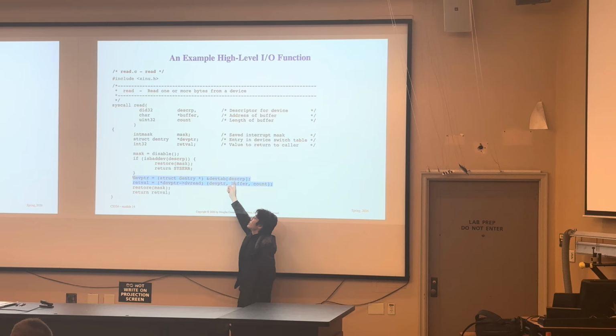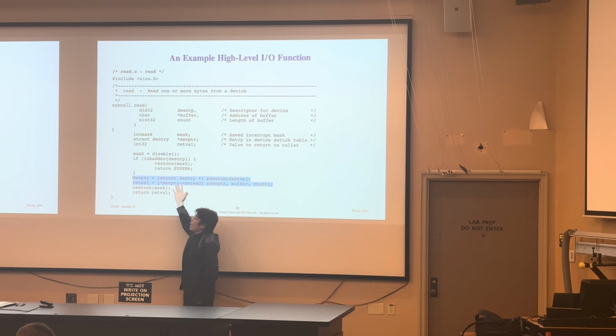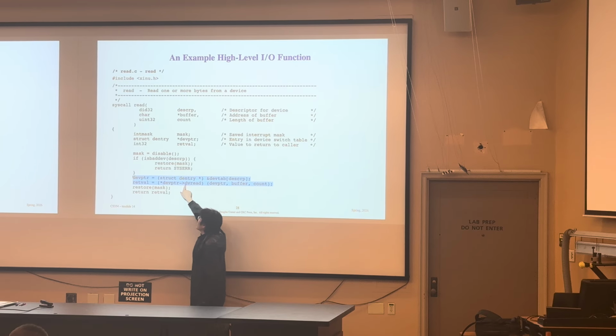The second line here is to use this device. Remember this device points to a row in the device switch table, and inside it, it has a list of functions defined. This list of functions are the device-specific implementations of the generic functions read and write. So, for example, this one, dvread. This is the device-specific read function implemented for this device.